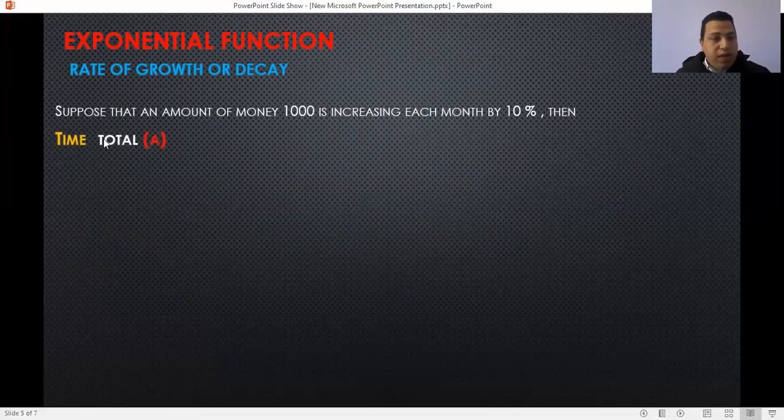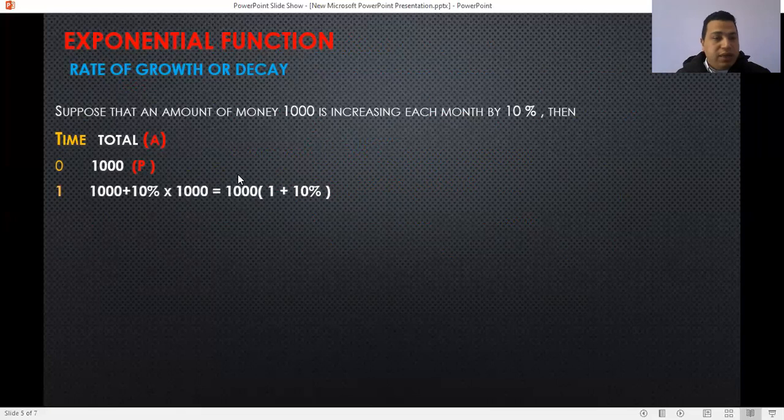I'm going to make a relation between time and total amount, and I'm going to give a name for the total amount of money, which will be A. Here we have at time 0 the initial value is 1,000. At the time after which we start to count the number of months, it will be 1,000.